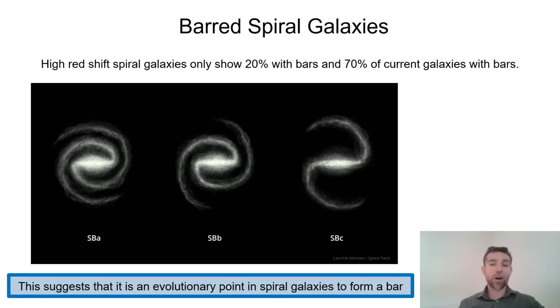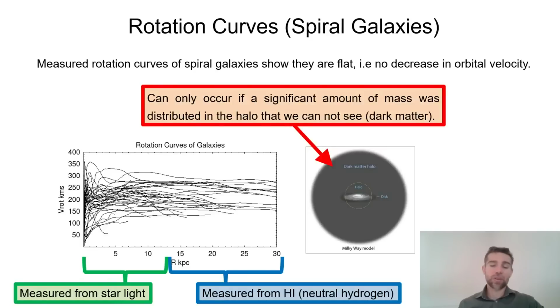So if you look back in time, only 20% have bars. But if we look at current galaxies in our local area, 70% have got bars. So it could suggest actually that it's an evolutionary phase of a spiral galaxy to form a bar. We still don't know a huge amount of them, but still.